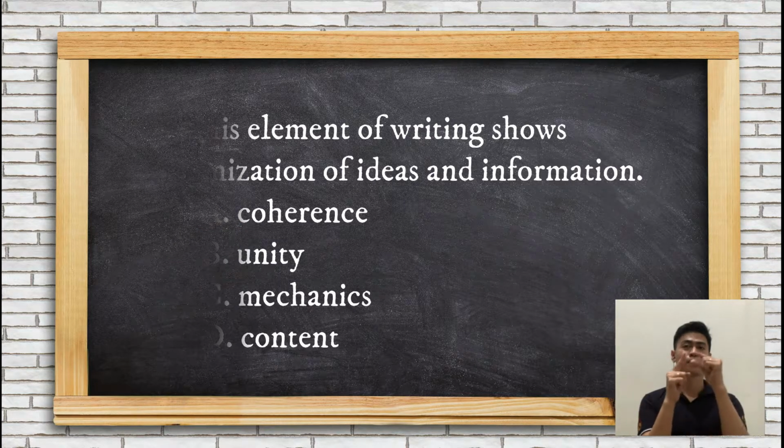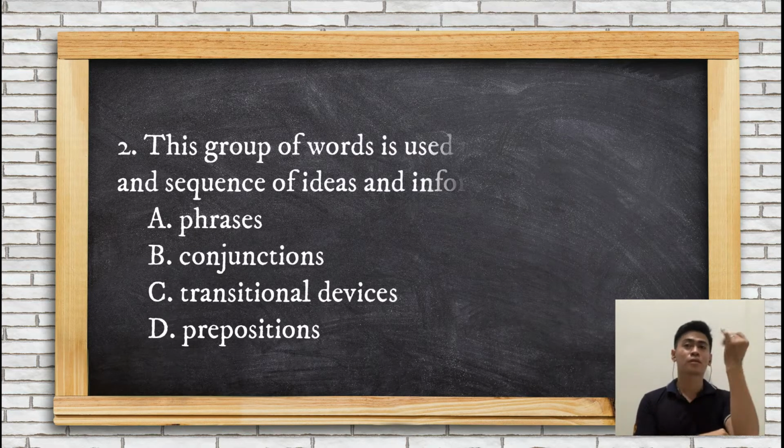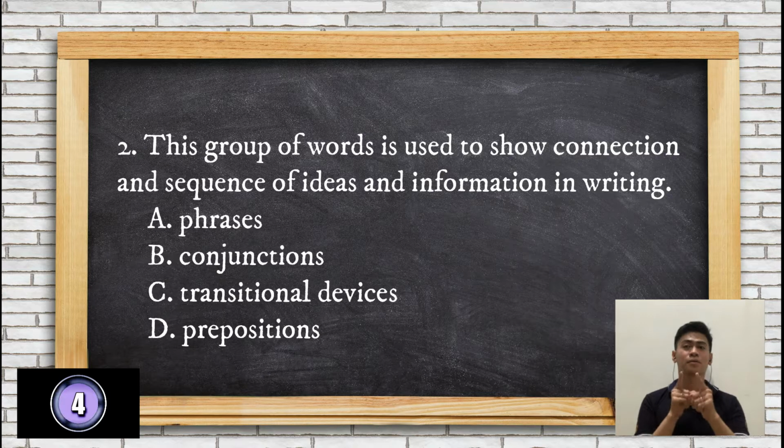B. Unity. Number 2. This group of words is used to show connection and sequence of ideas and information in writing. A. Phrases. B. Conjunctions. C. Transitional devices. Or D. Prepositions.